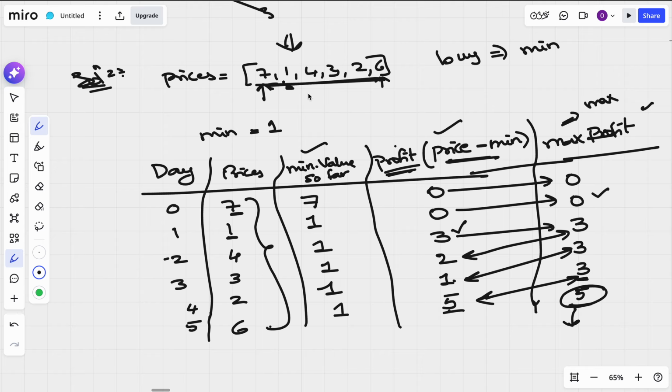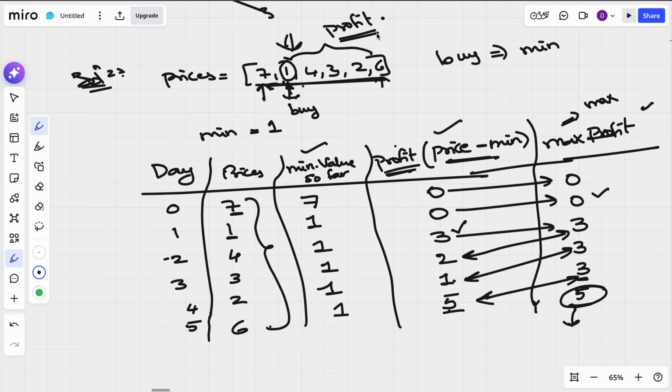It's simple, right? So when we find the minimum value in the entire prices, if I buy on that particular day, that means I buy on a day where the price is very low, and whenever I sell I will get a profit, right? For sure I will get a profit.